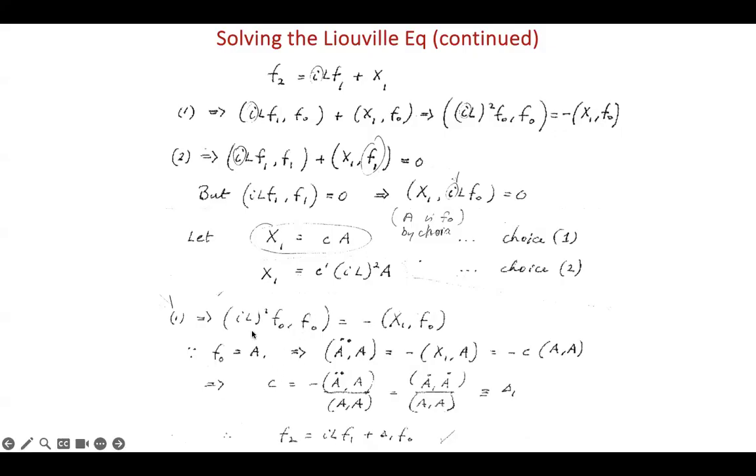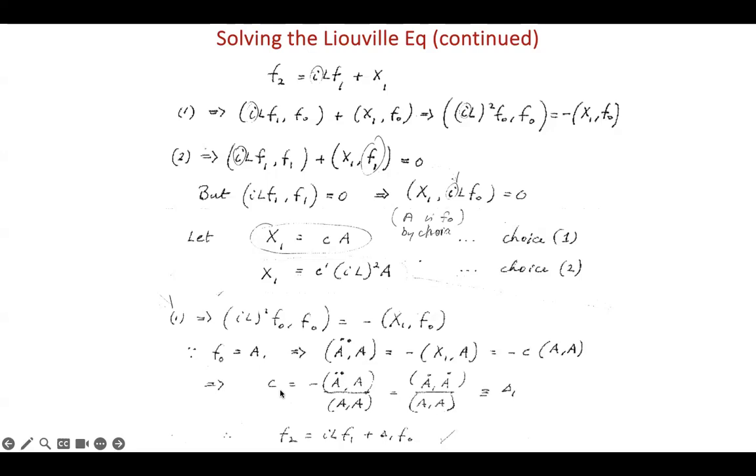So what to do? If you assume IL square F0 F0 equal to minus X1 F0, that's from condition 1, F2 F0 equal to 0. If you assume that, then since F0 is by definition A, you are saying that A double dot comma A is minus X1 A. But X1, first choice is CA.